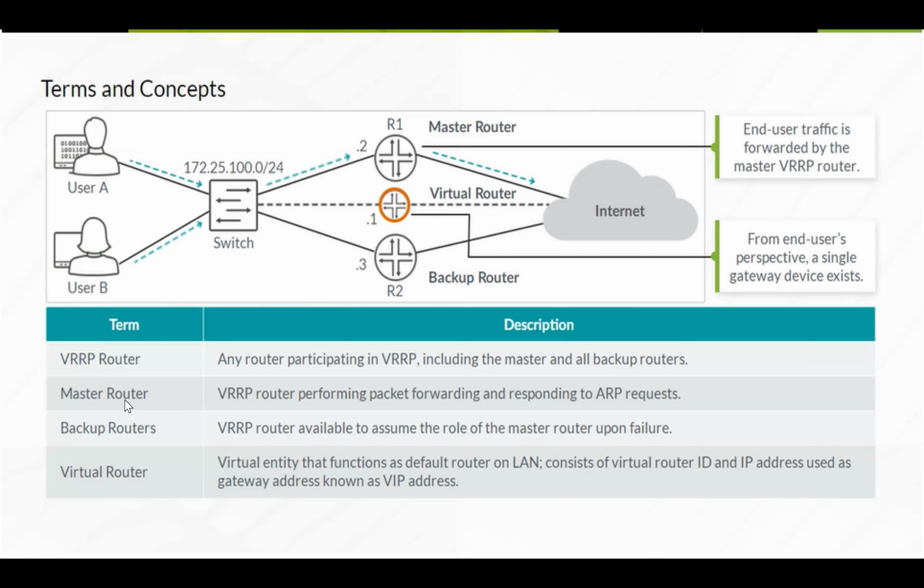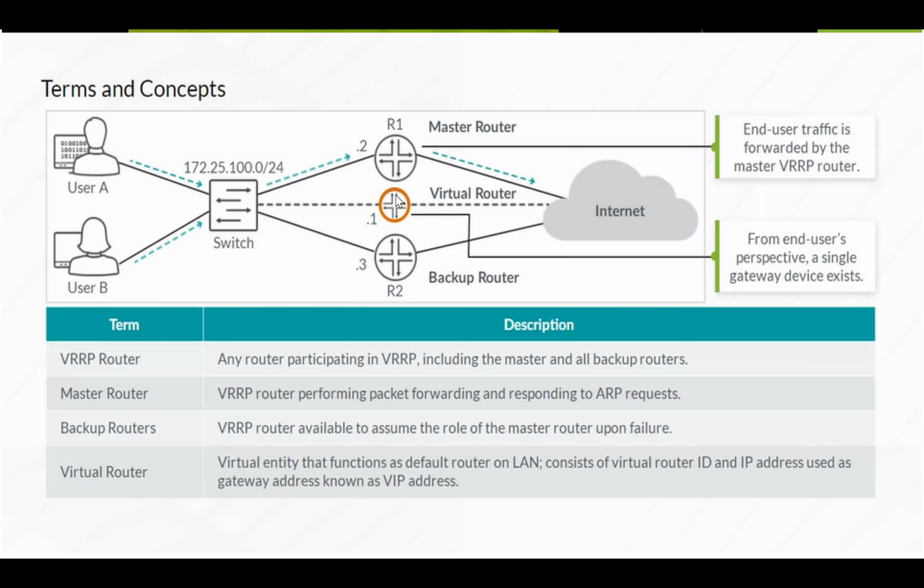And what is the master router? Basically, the master router is the active router. This router will forward traffic of the specified LAN subnet. The backup router is a VRRP router that just has the role of secondary router. And the virtual router is the virtual entity that functions as the default router on the LAN.